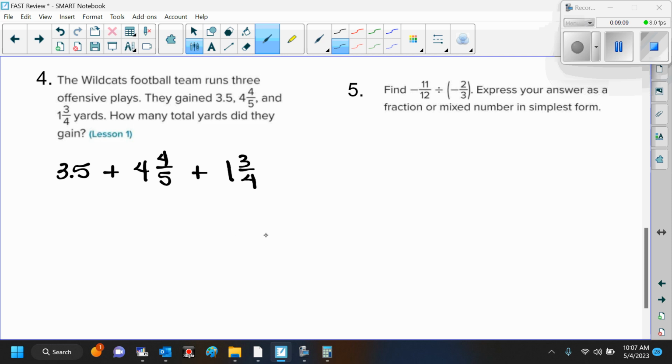Now, just looking at it, we should know, can I change those fractions to decimals? Yes. Very good. So I'm going to rewrite. So I have 3.5 plus 4 and what? 8/10, right? So that's 4.8 plus, what about this one?